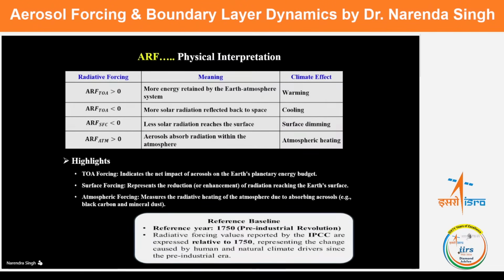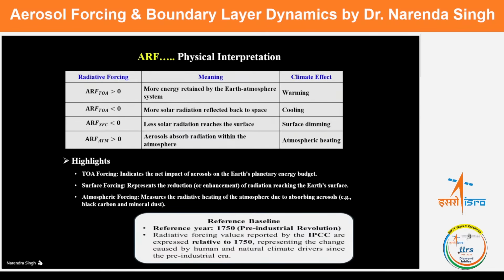If that is happening, it will definitely have some impact on the atmosphere. Either it will warm or cool at some point in the atmosphere. But since it is retained in the entire atmospheric column, we call it warming. If the atmospheric radiative forcing at the top of the atmosphere is less than zero, or negative, it means that more solar radiation is reflected back to space. Whatever is coming, more is going back.